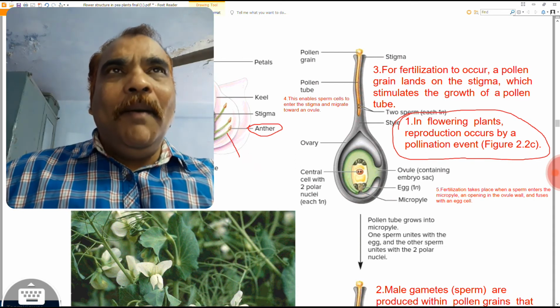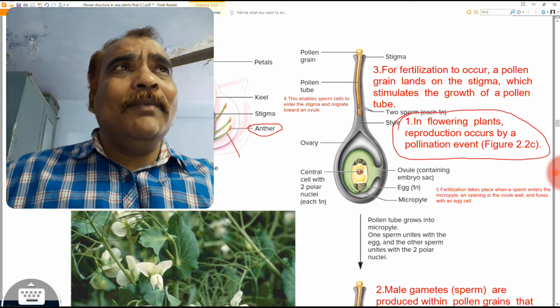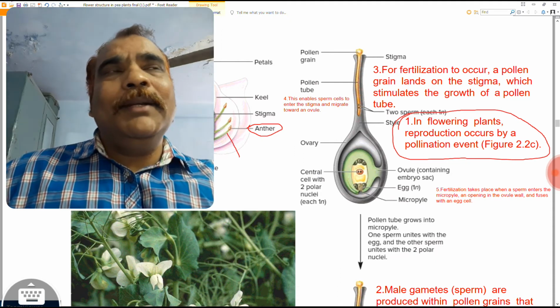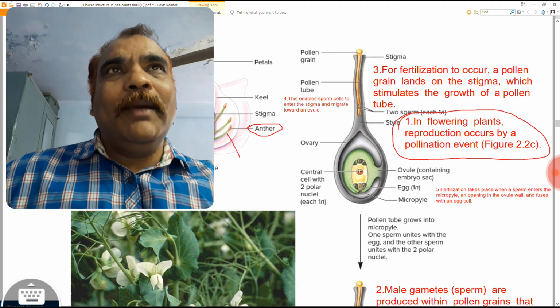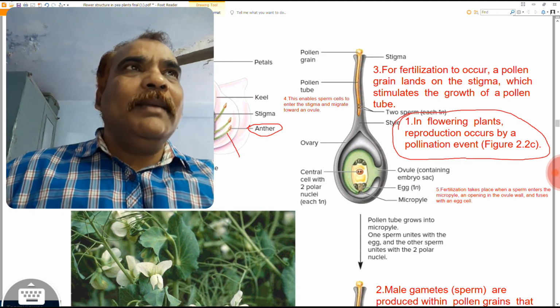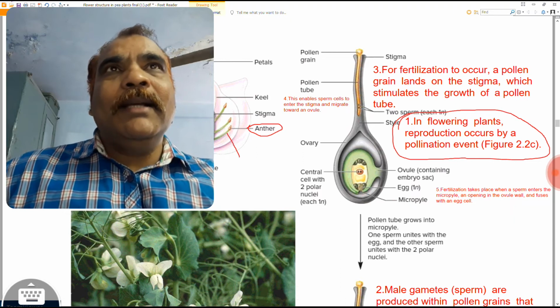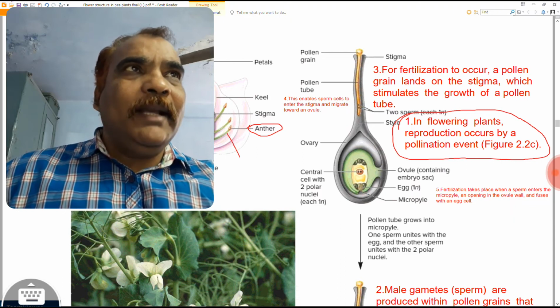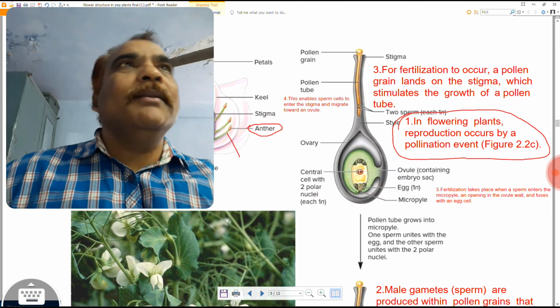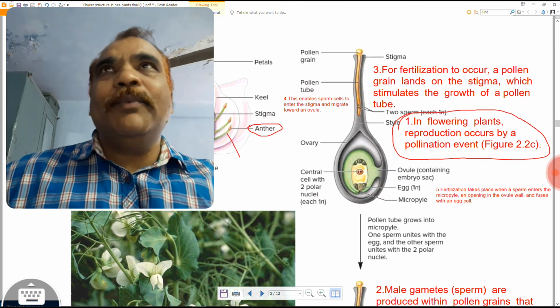So in flowering plants, the event of pollination, that is the transfer of pollen grain from anther to stigma, takes place, and that's how the reproduction and fertilization take place in flowering plants. So this is the first point, written over here.